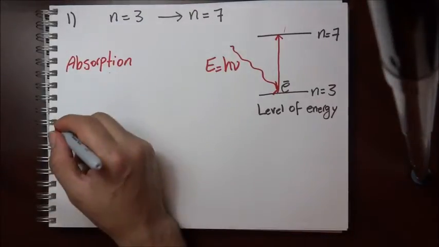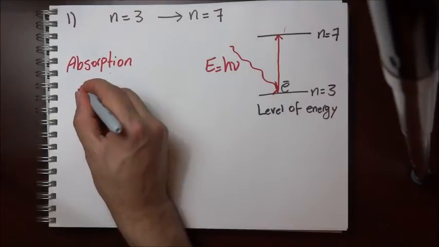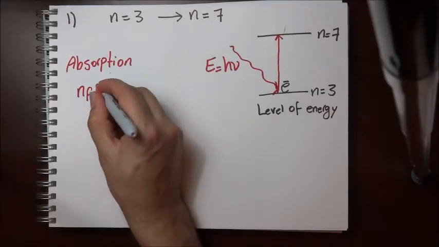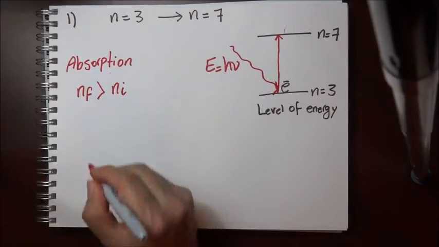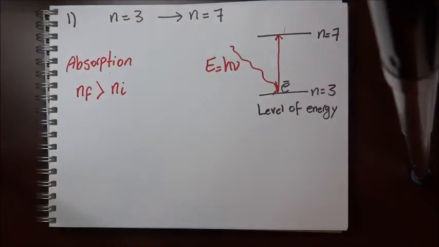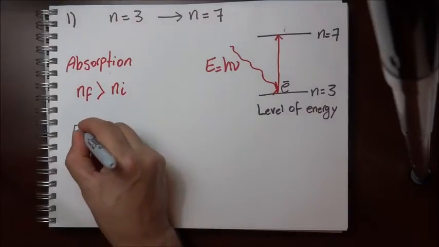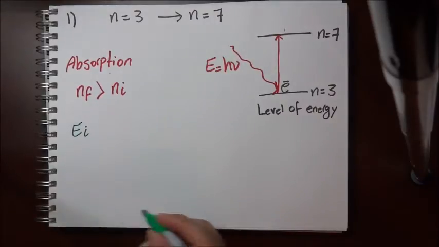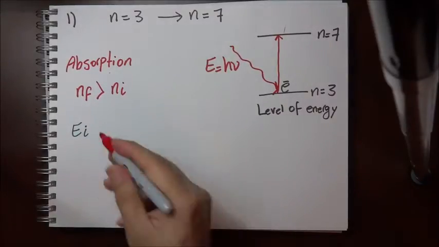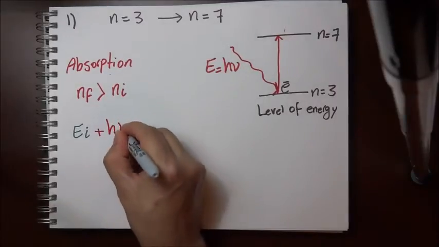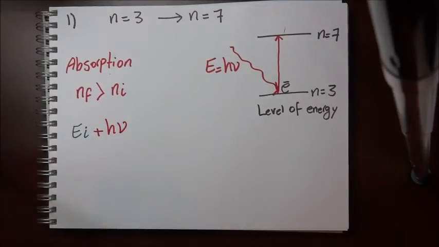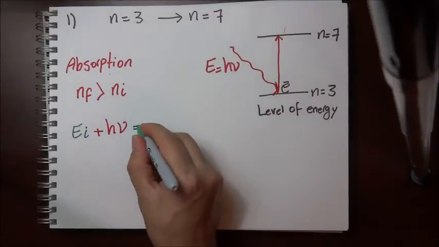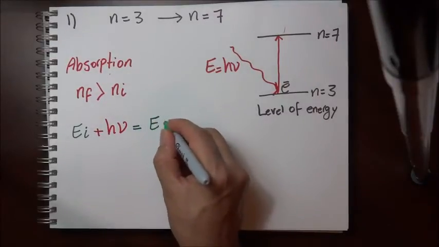So with absorption, always final n is bigger than initial n. So our electron at the beginning had energy equal to E initial. We gave it h nu energy, and h nu energy now is equal to E final.